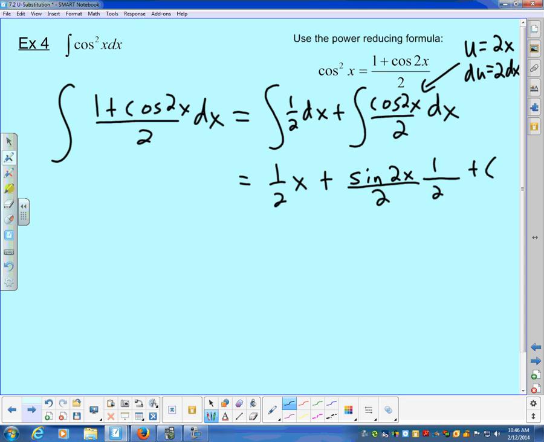So it ends up being sine of 2x over 4. But you already had a 2 down here. If you wanted to, you can move that out front. But it ends up being 1/2 x plus sine of 2x over 4 plus c.